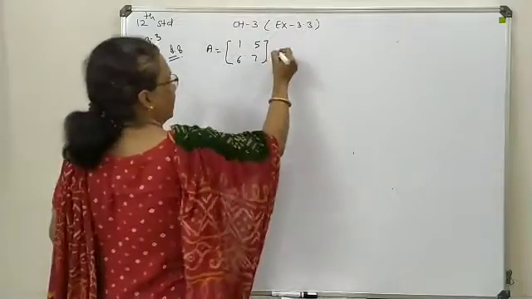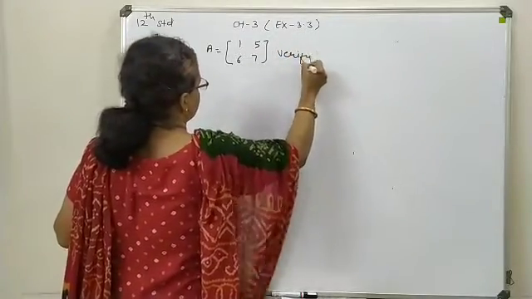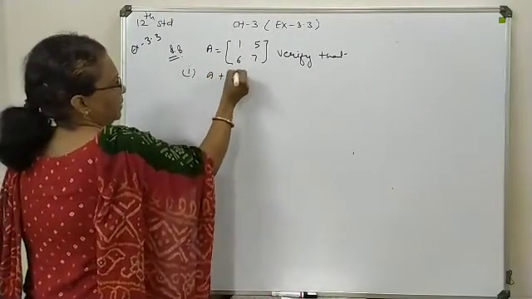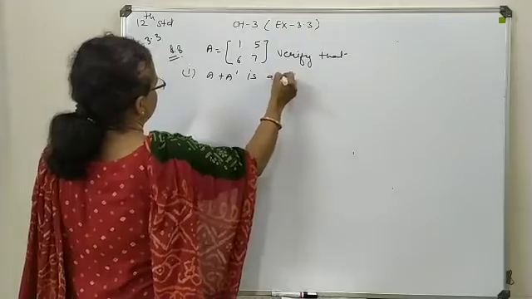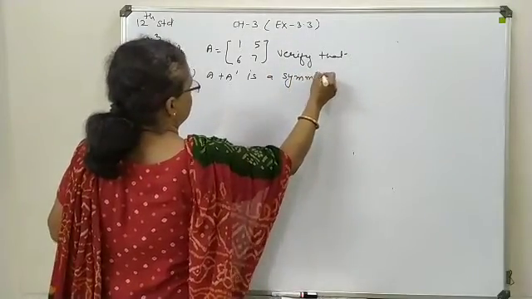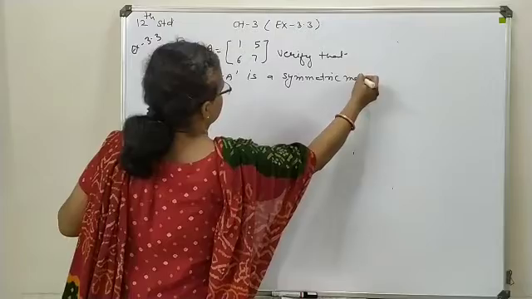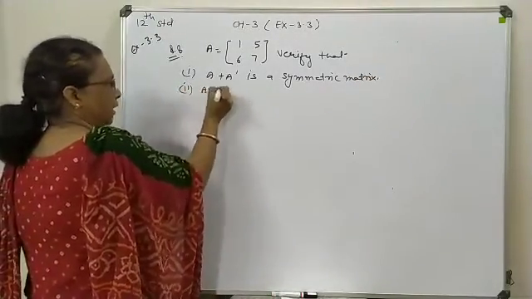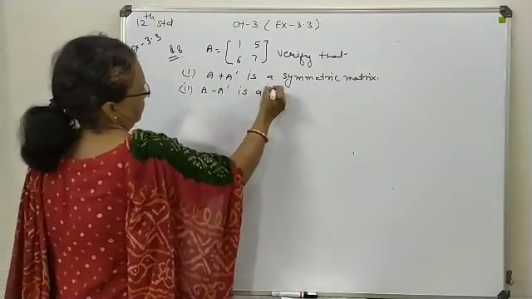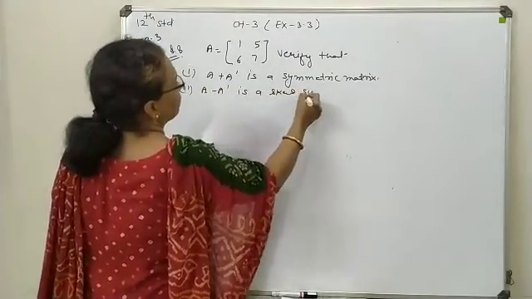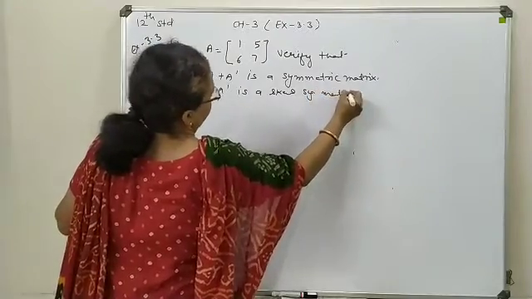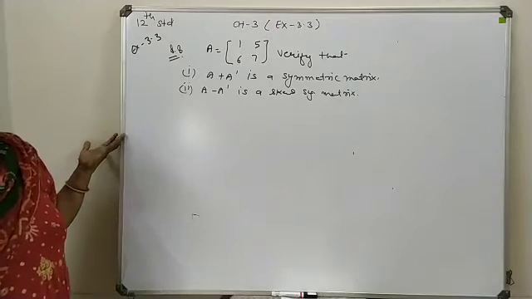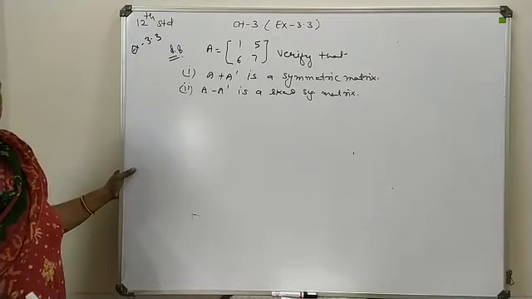Then you have to go for verification that first, A plus A transpose is symmetric, whereas A minus A transpose is skew symmetric. So the basic property for symmetric and skew symmetric we have discussed about. It is to be verified based on a given example.